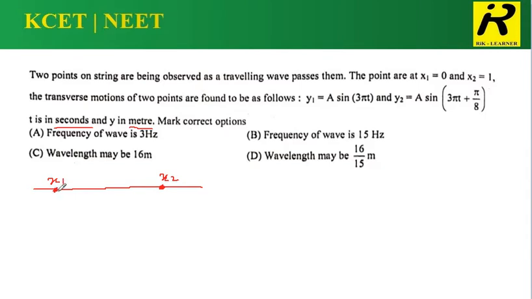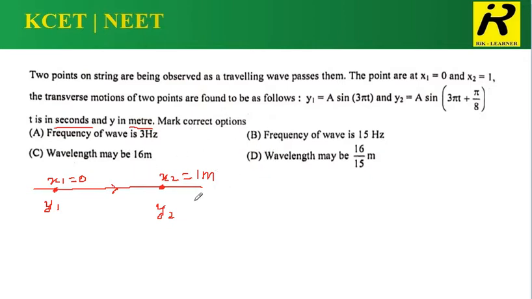At point x1 the wave is represented by the equation y1, and at the other point by the expression y2, and the wave travels along this line in this direction. The value of x1 is 0 and the value of x2 is 1 meter. Now we have to find the frequency as well as the wavelength, and then check which option is correct.